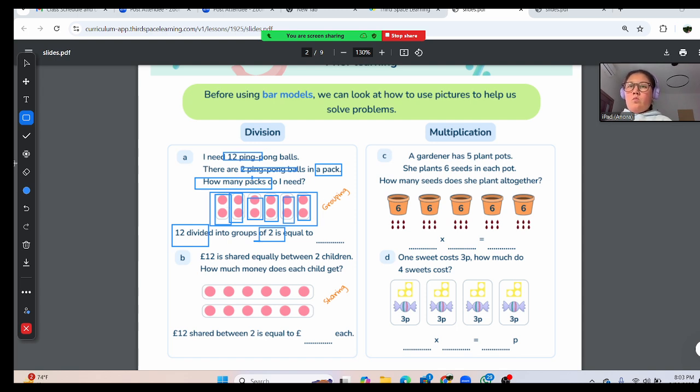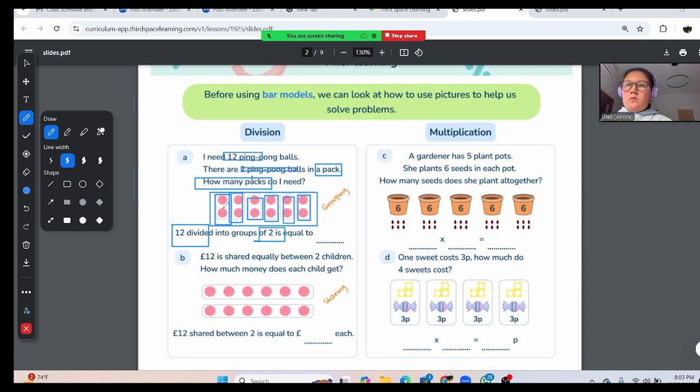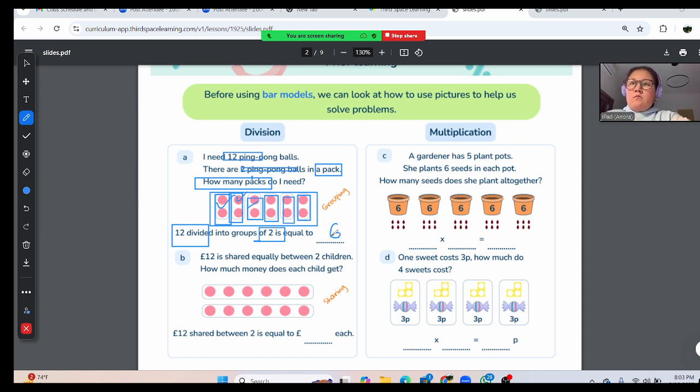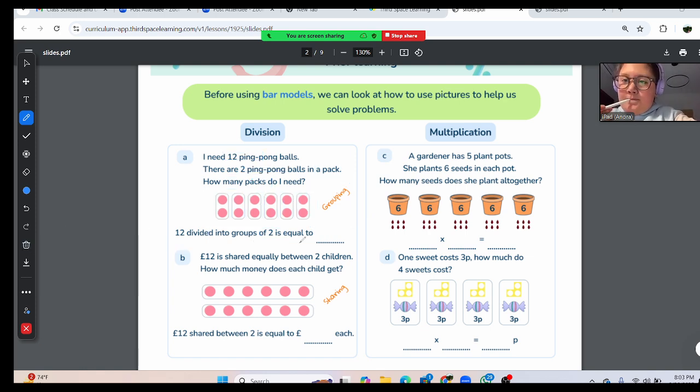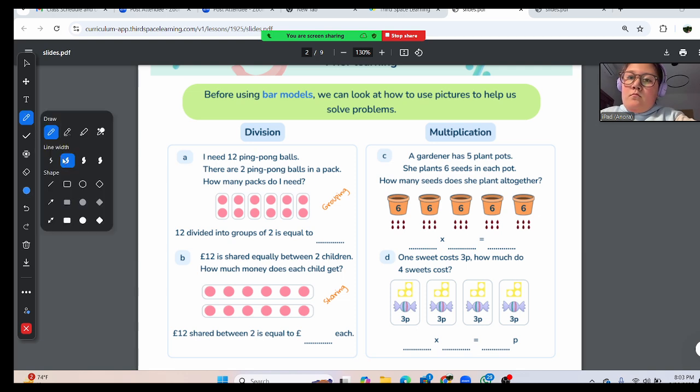So 12 divided by 2 would give me how many groups are there? Six. 6, exactly. So this is called the grouping method. For the same, we can also use the bar model.